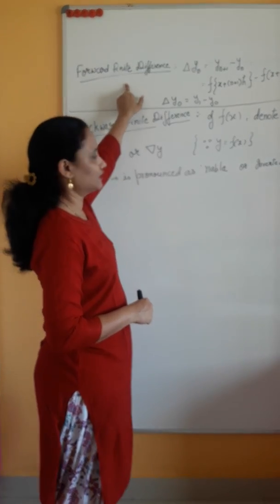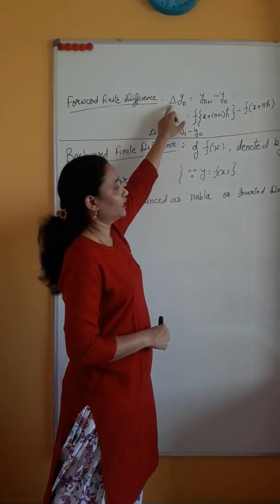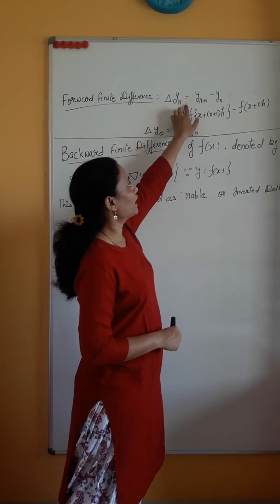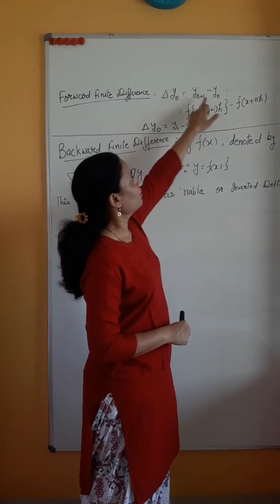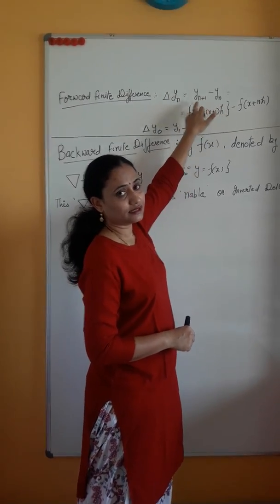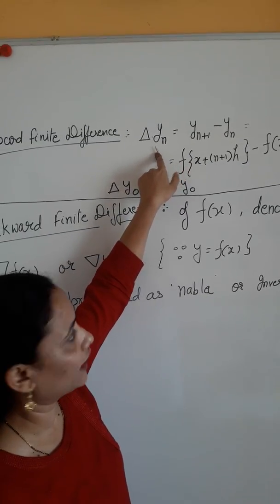Forward finite difference is given as delta. This is the notation for forward finite difference: delta yn is equal to yn plus 1 minus yn. This is the expression for forward finite difference.